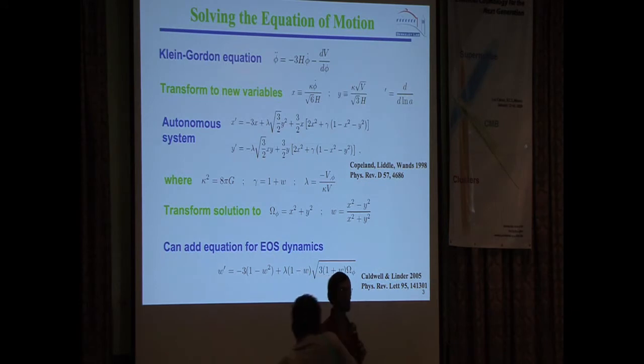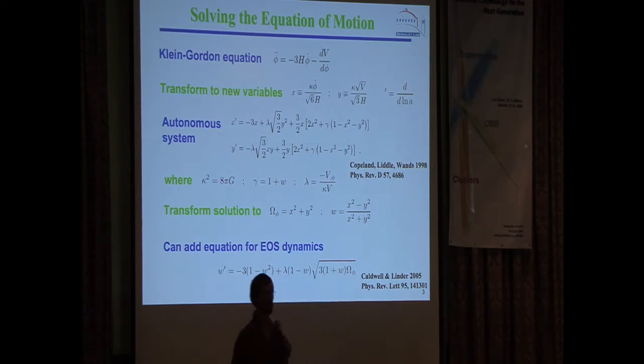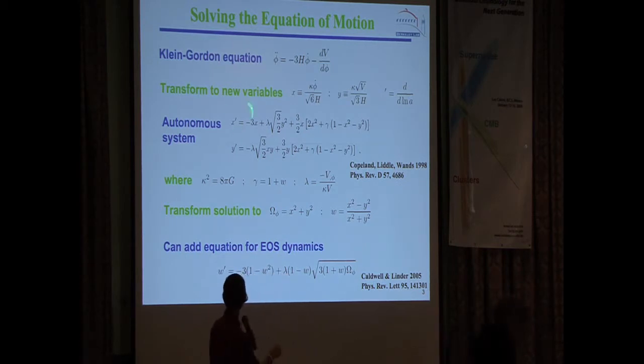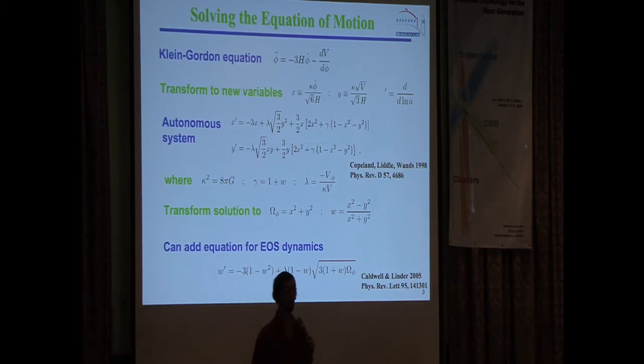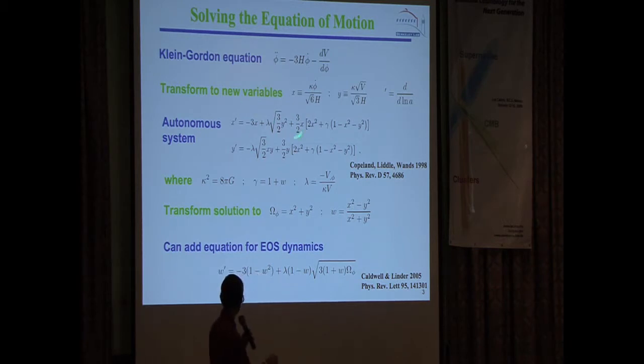And if you remember your mathematical physics, this is what's called an autonomous system of equations, in that the time variable never explicitly appears. You have a derivative on this side, but you don't actually have any indication of the time factor on the right-hand side. And these are coupled equations. y appears in the x equation and x appears in the y equation.